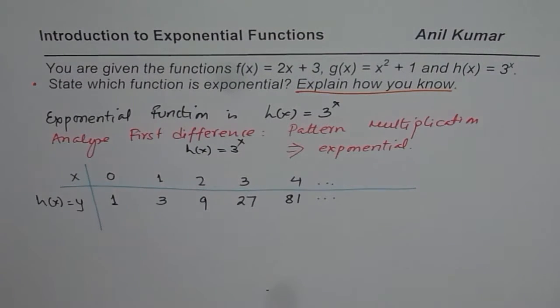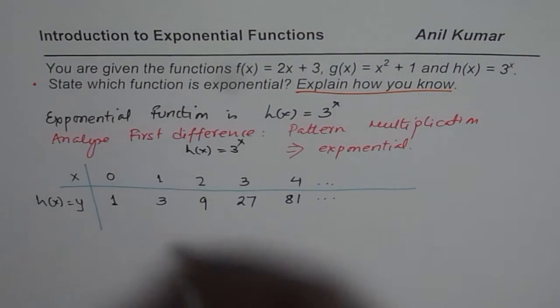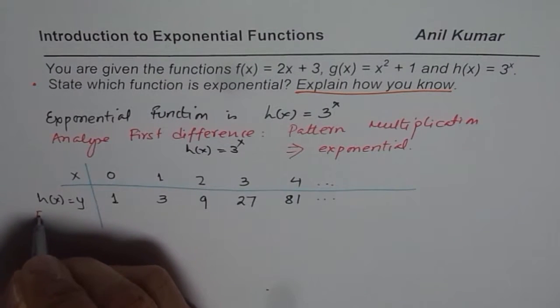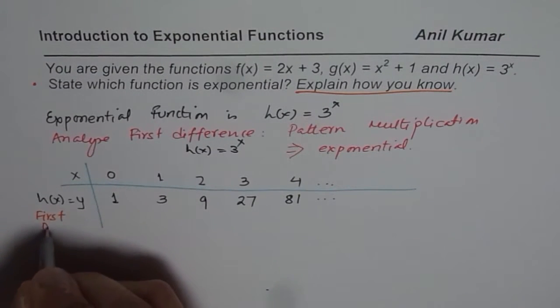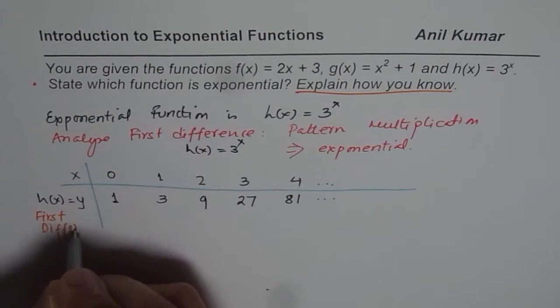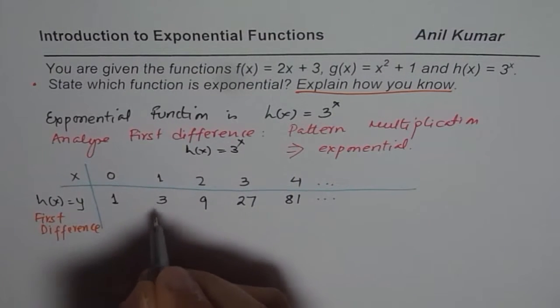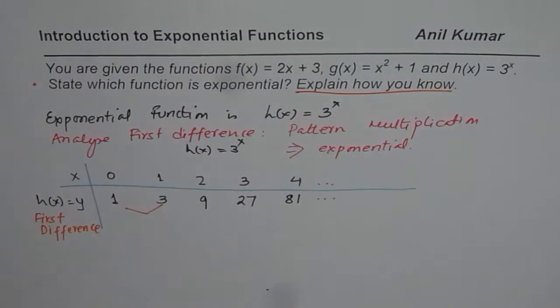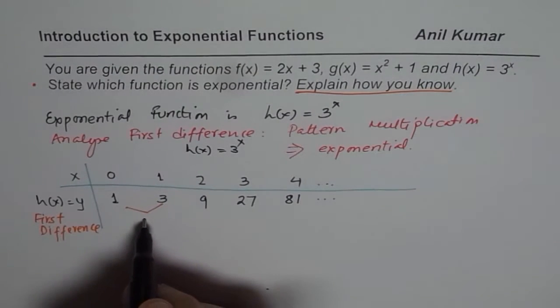Likewise, we can write down more values. Let us find the first difference and see the pattern. So now let us calculate the first difference. That is 3 minus 1, which is 2.